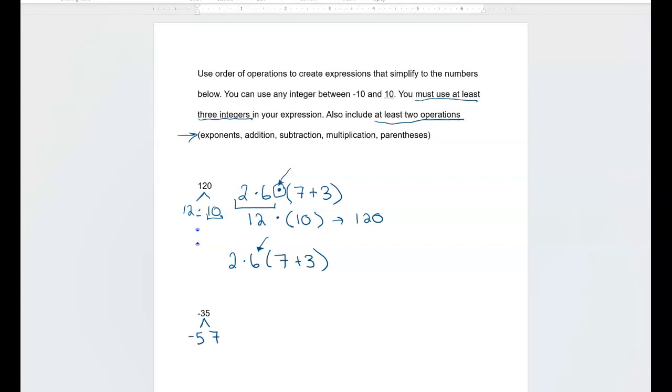Okay, so for the negative 5, if I do, how about, 5 minus 10, right? That gives me negative 5. I'm going to be multiplying that times something. So I put parentheses around here.